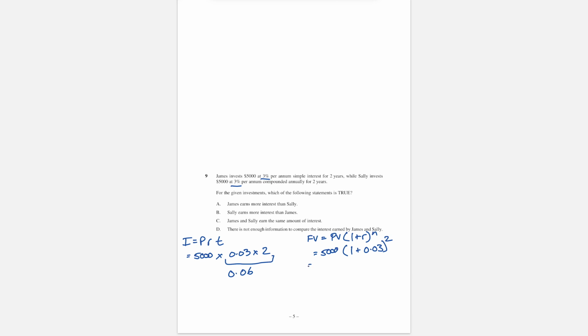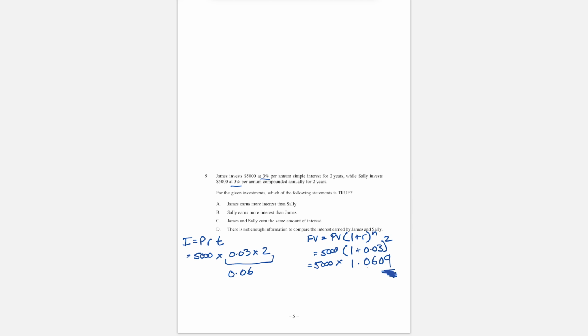Again, without multiplying it out, if we just calculated the bit that's in the brackets, it's 1.03 and then squared, and that comes out to 1.0609.